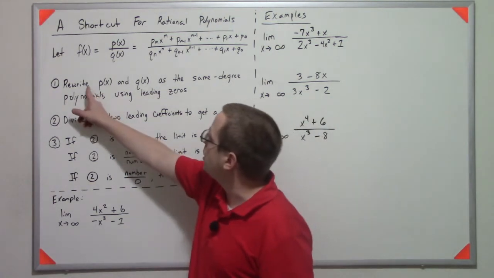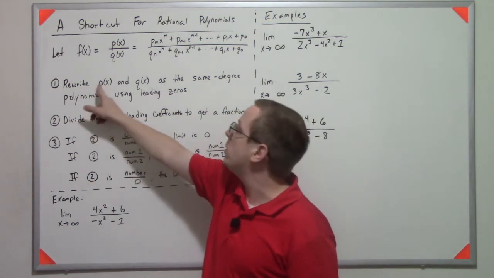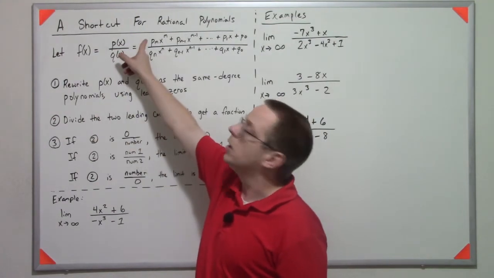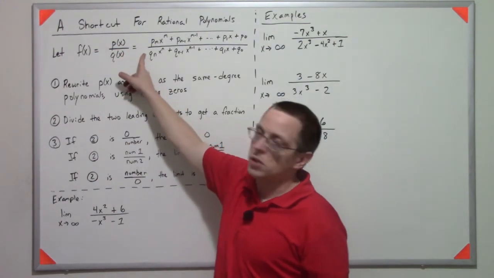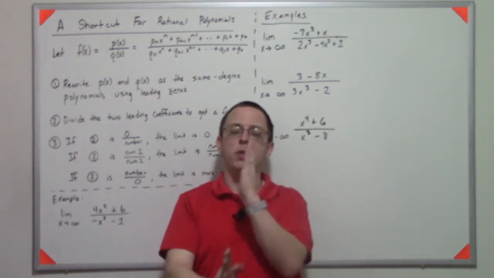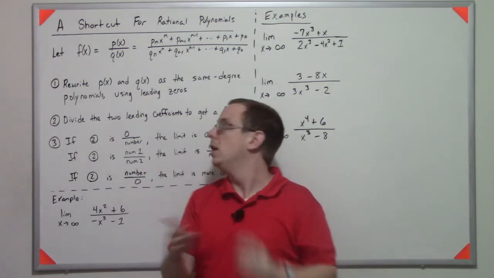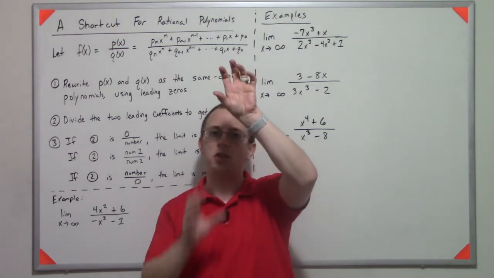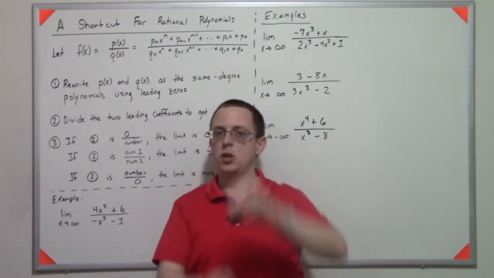The first step is to rewrite both of them as a same degree polynomial. So if this was a third degree and this was a second degree, you write them both like they're a third degree polynomial, and you use a leading zero as needed. So you would write like something x cubed over 0x cubed.